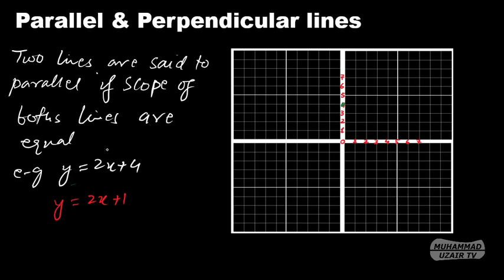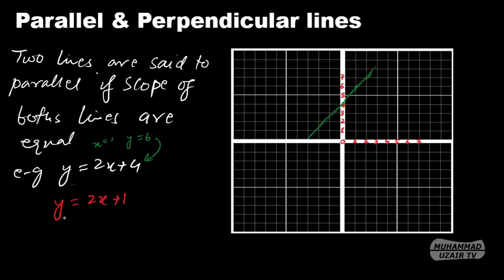Let x be equal to 1, so y will be 6 for this equation. So the point is 1 and 6. Combining these two points, this is the equation of the line.